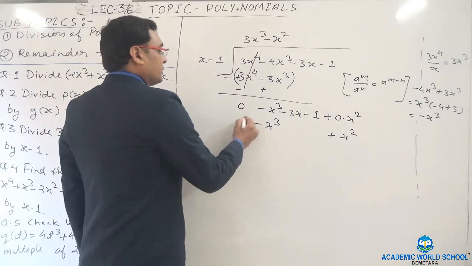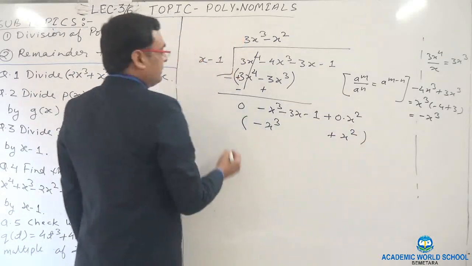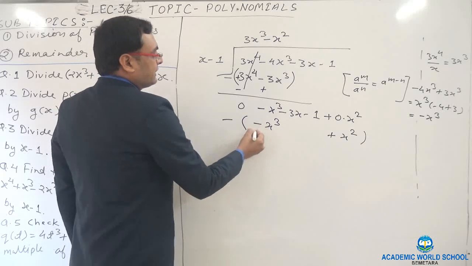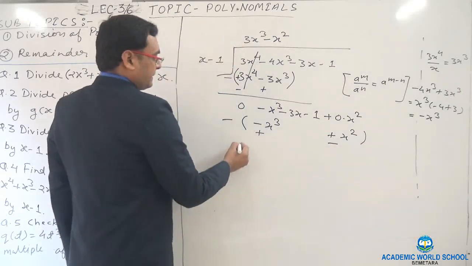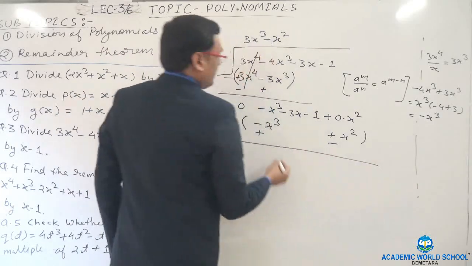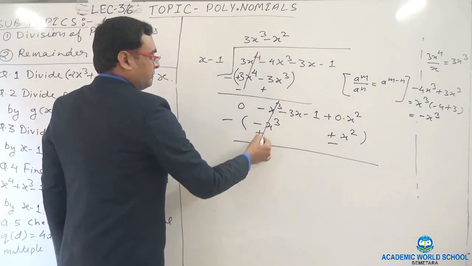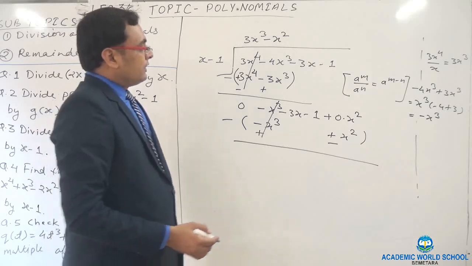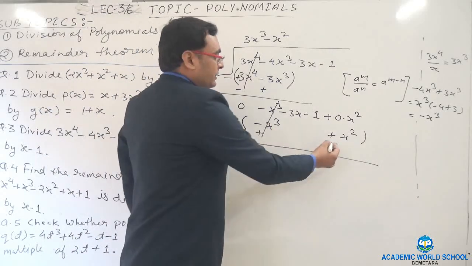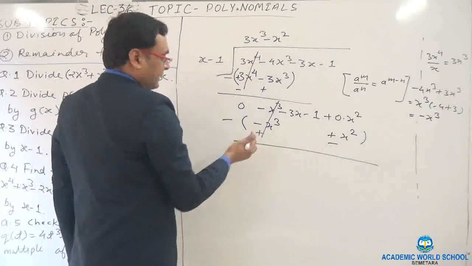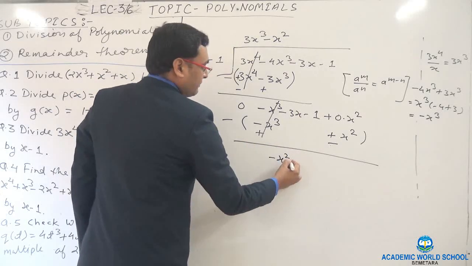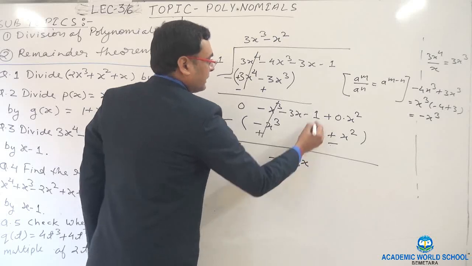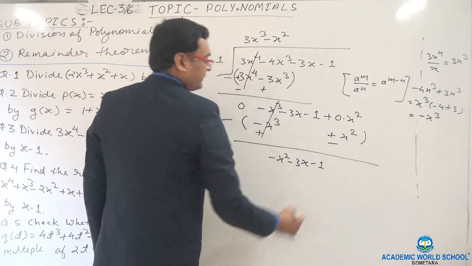Now subtract both of these terms. When we subtract, the minus sign will become plus and this plus sign will become minus. Minus x cubed plus x cubed is 0. We will write in standard form, so minus x squared first, then minus 3x and minus 1.